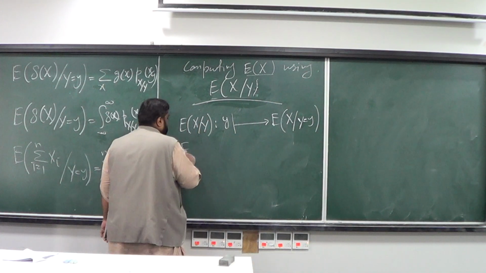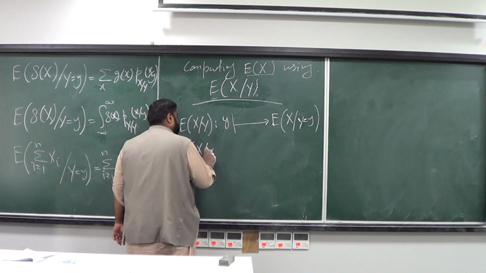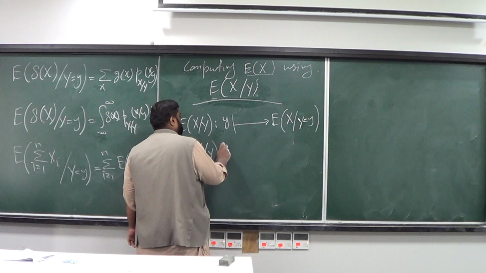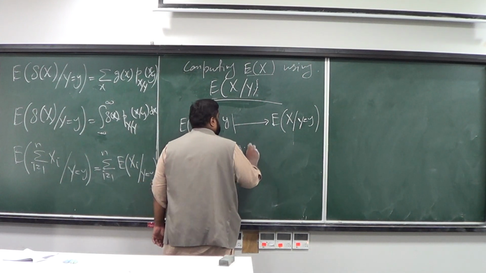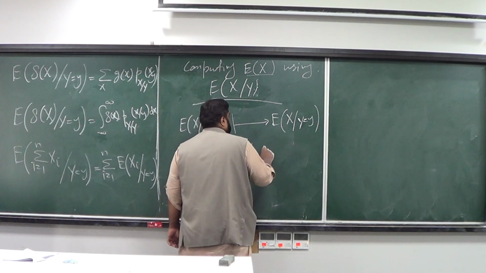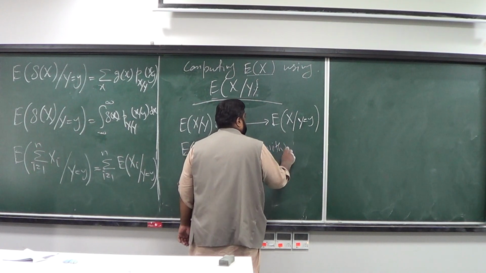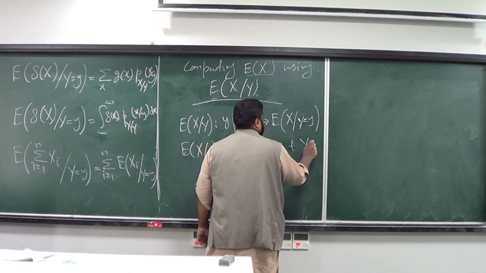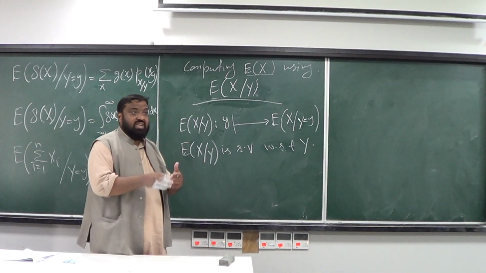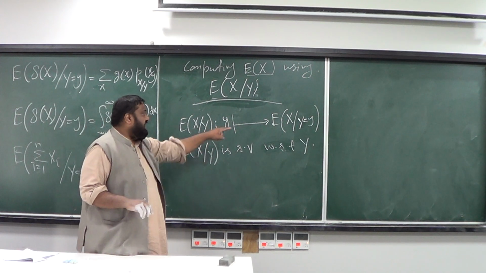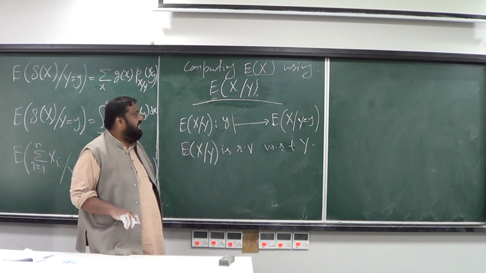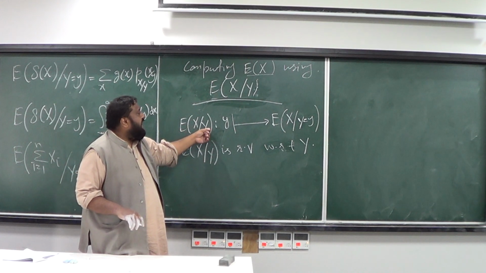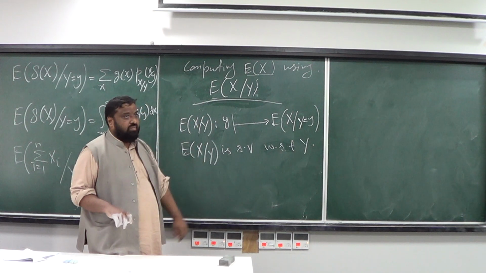I should write it explicitly: the expectation of X given Y is a random variable with respect to the random variable Y. You can show that this function is well defined, and by varying Y, you can treat the conditional expectation as a random variable as well.